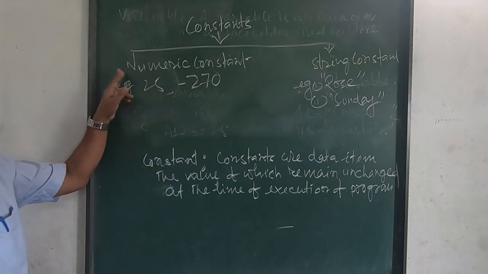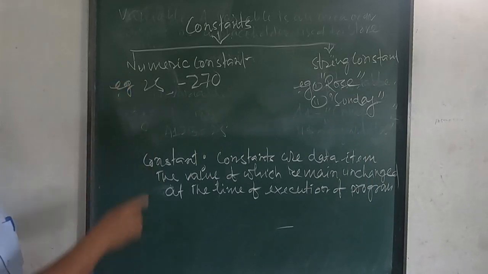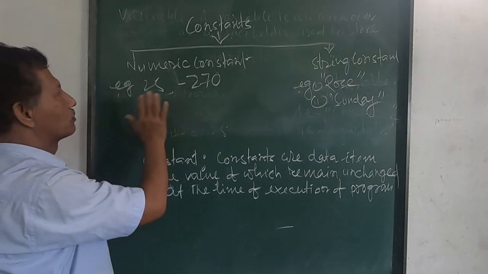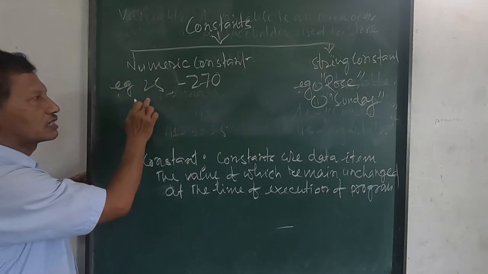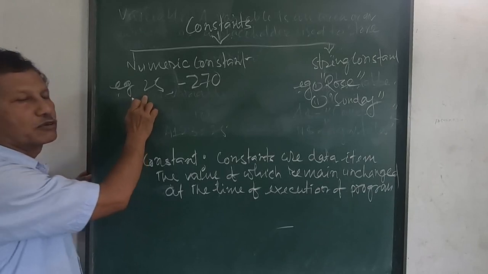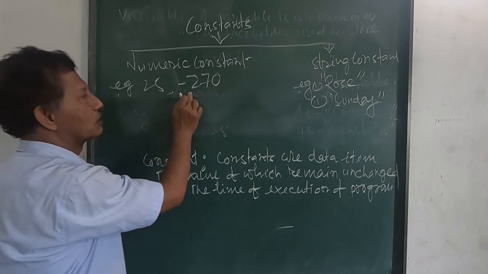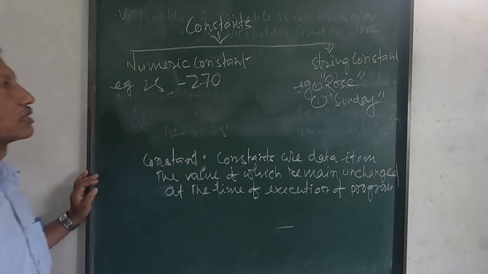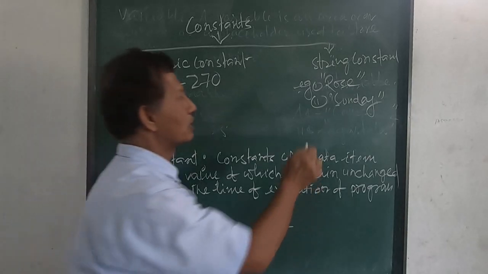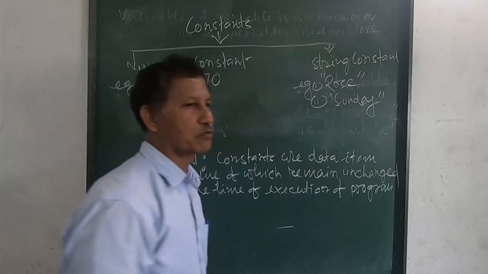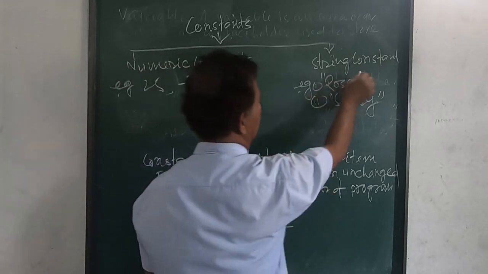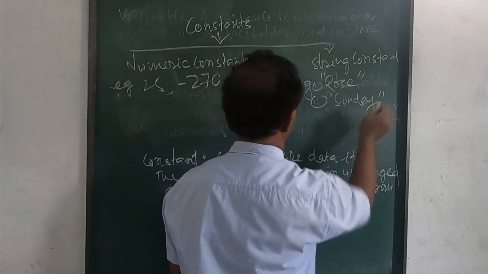So all the numbers, any kind of numbers, are numeric constants. These constants remain unchanged because 25 will always be 25 and minus 270 will always be minus 270. Another one is, for example, roses and Sunday. String constants must be written within double quotes.